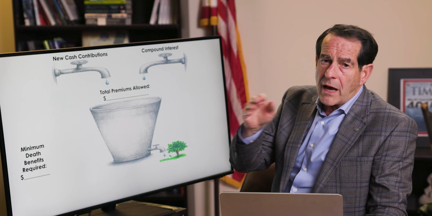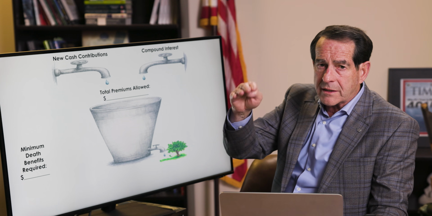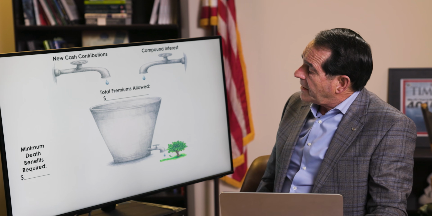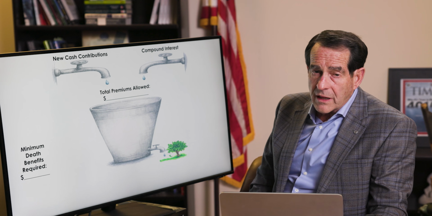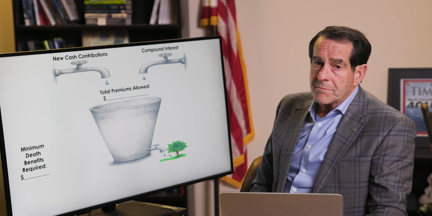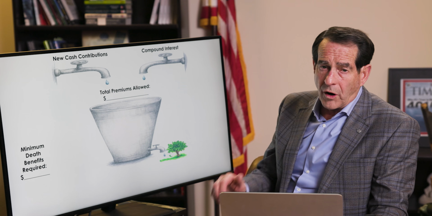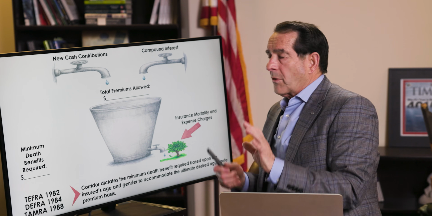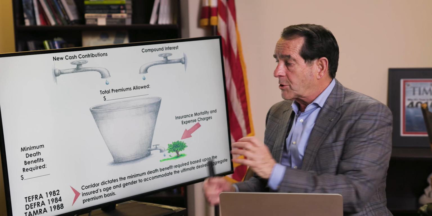Whole life insurance, you have to spread it out over 7 relatively equal payments. But with universal life and index universal life, you can get the money in there in 5 or even 4 installments, okay? So here we go. I like to compare this metaphorically to a bucket.